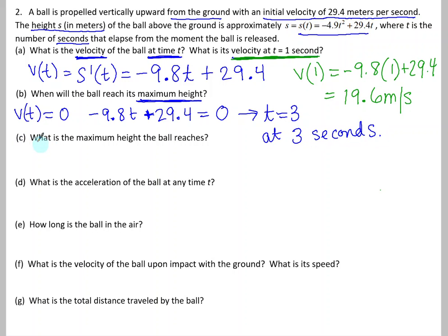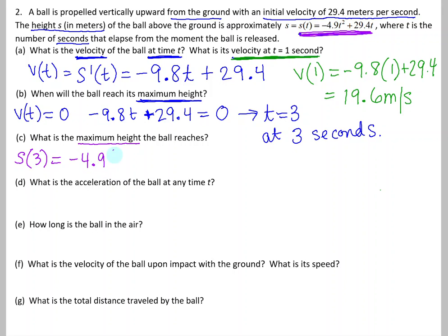C. What is the maximum height the ball reaches? Well, we know the ball reaches its maximum height at 3 seconds, and the position is given by this function in the problem. So we want the position at 3 seconds, plugging 3 seconds into the position function.